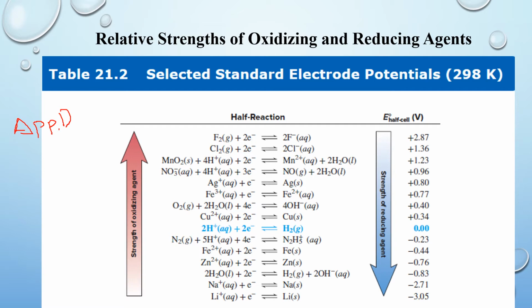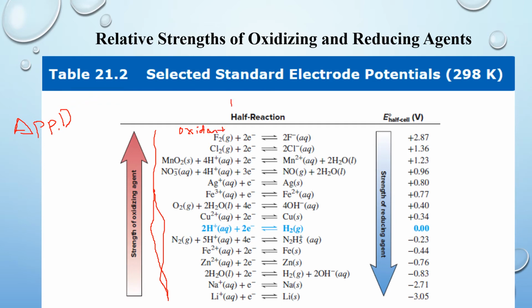On top, first notice everything is written in the form of reduction. Those species on the left hand side, we can say they are the oxidizing agents that are being reduced, or they are the oxidants, because the electrons are on the left hand side.